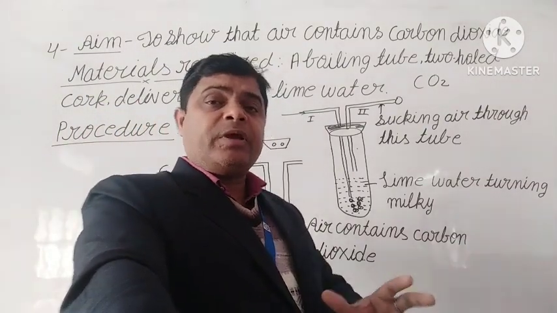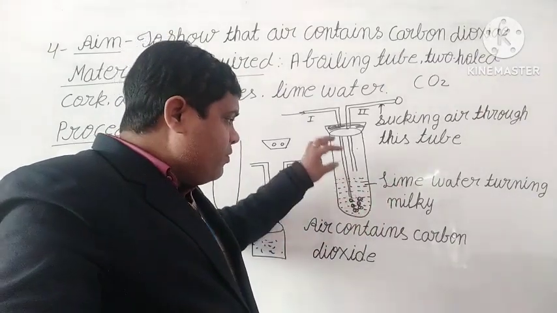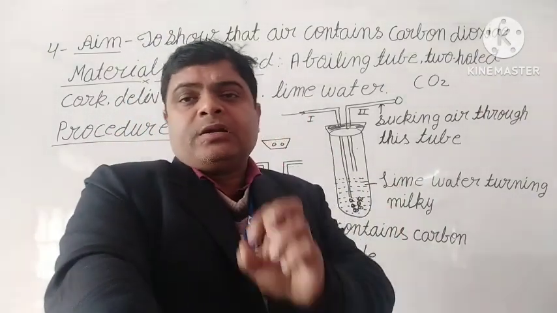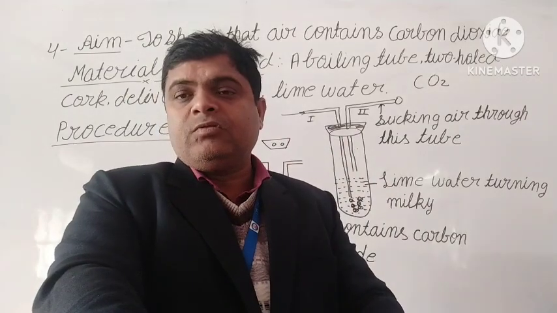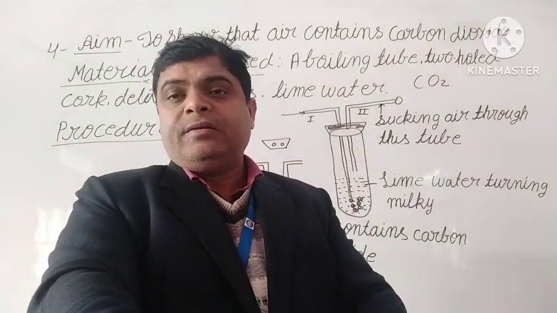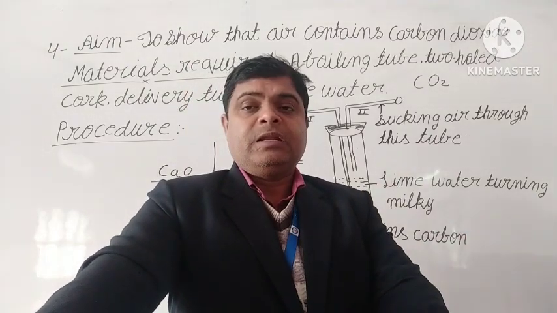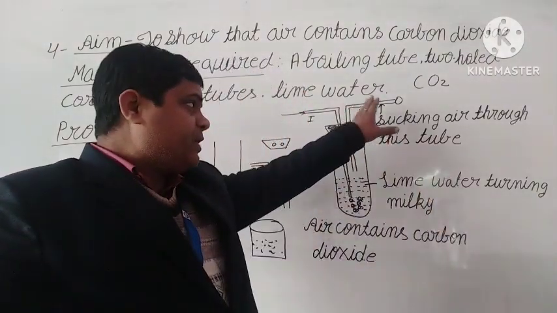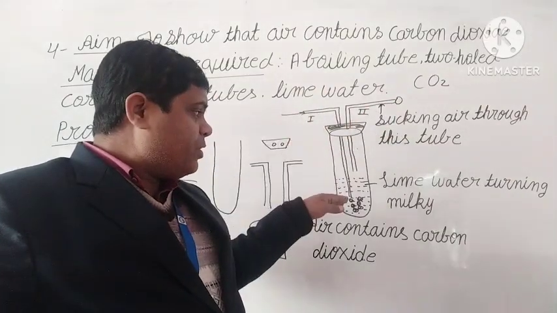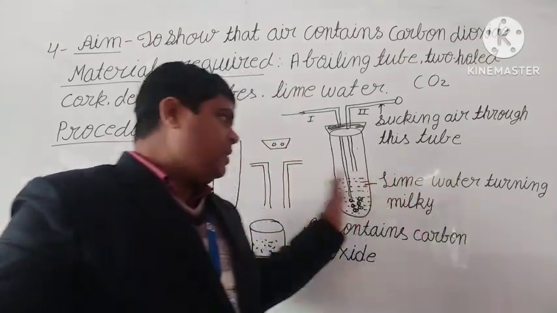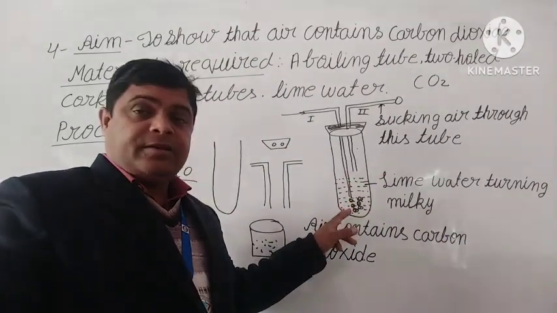And after that, when such bubbles are coming in the water, the transparent lime water turns milky. You know milky? Some white color. But it is not permanent, only for some time. Clear? When you suck the air, the lime water turns milky. After that, it again changes back to transparent. Clear?